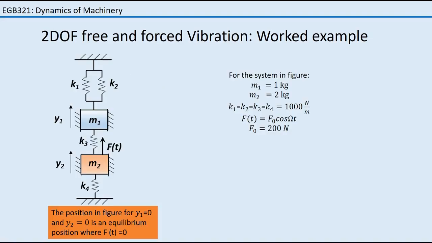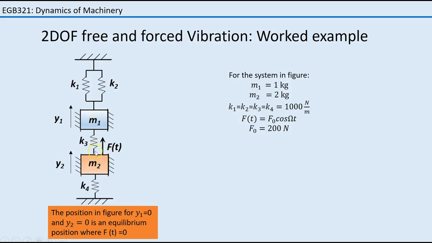So this is a 2 degree of freedom vibration system where two springs K1 and K2 are connected in parallel. M1 can move independently and M2 can move independently, and that's why we say this is 2 degree of freedom.